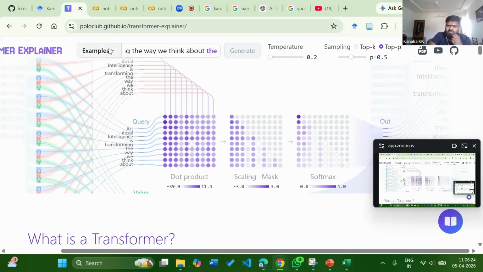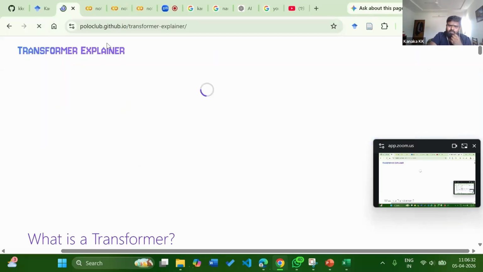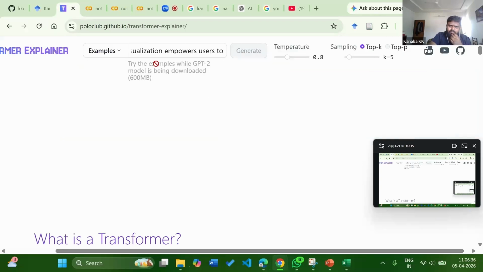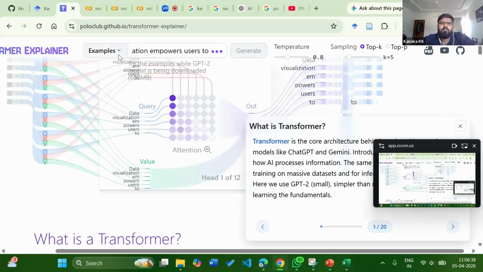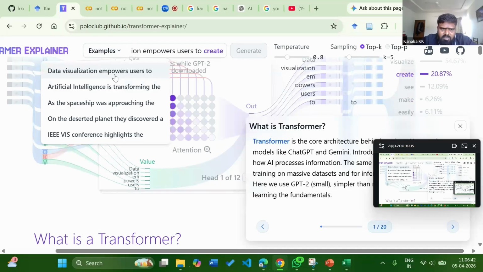I will take another simple example. Here the example is a simple one we have taken: data visualization m powers user 2.